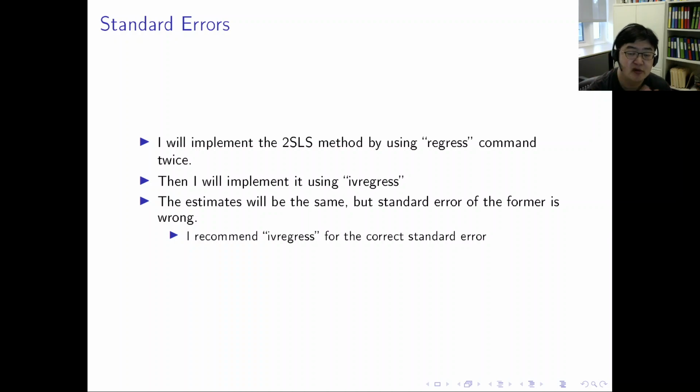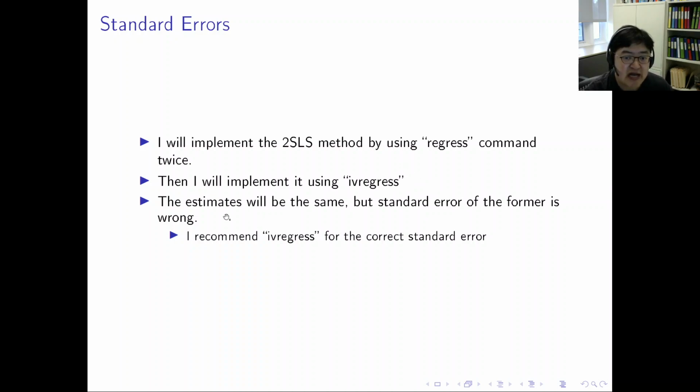It's pretty simple to implement because it only requires regression twice. And then second method, I'm going to use the command ivregress. This is the instrumental variable regress command. The ivregress command is built only for the IV regression model, the 2-stage least squares model.